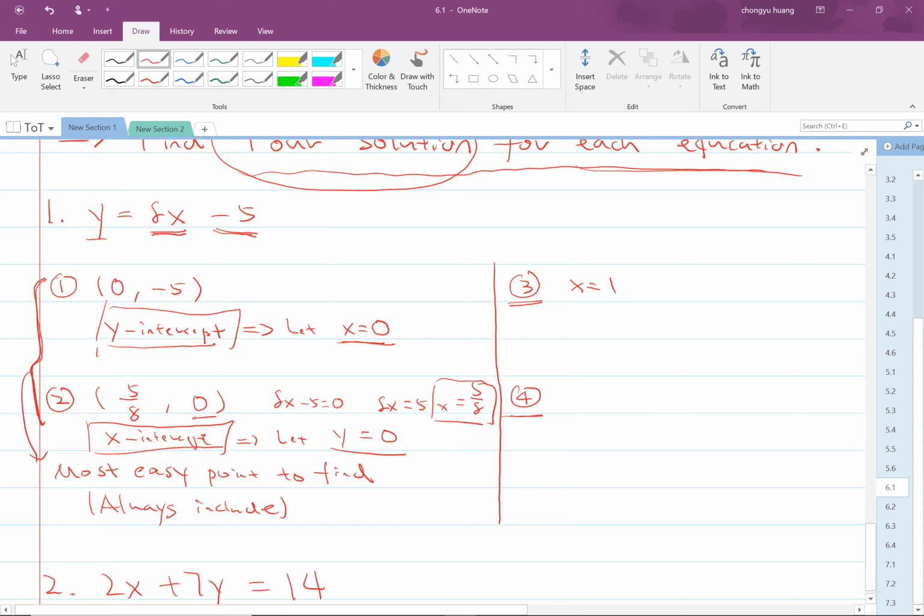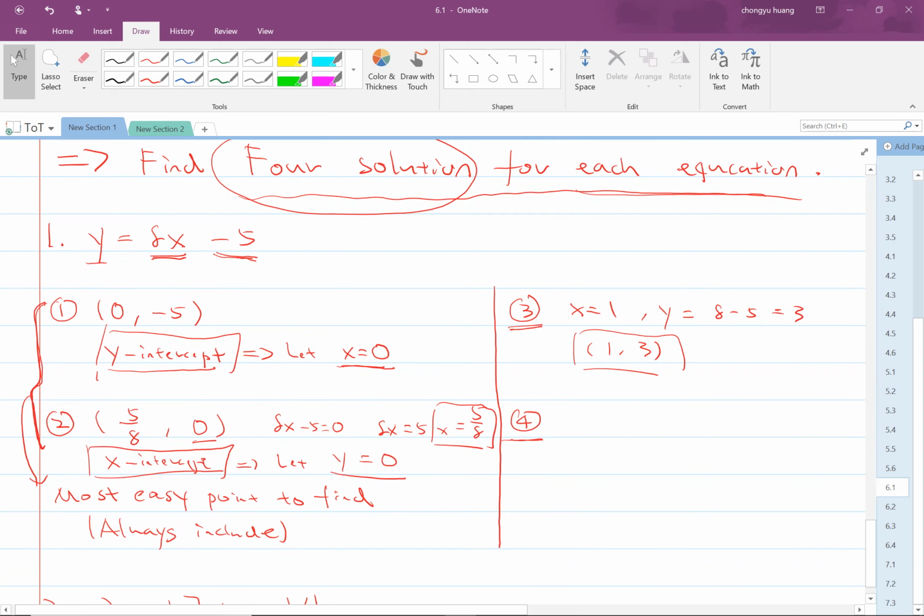You can see y is equal to 8 minus 5, which is 3. So the point (1, 3) will be a solution.